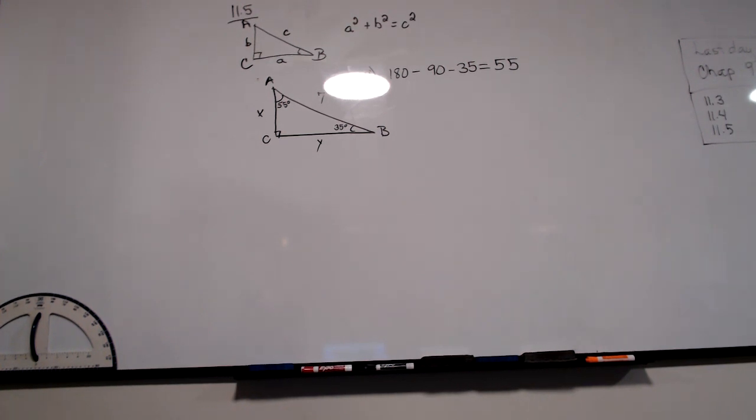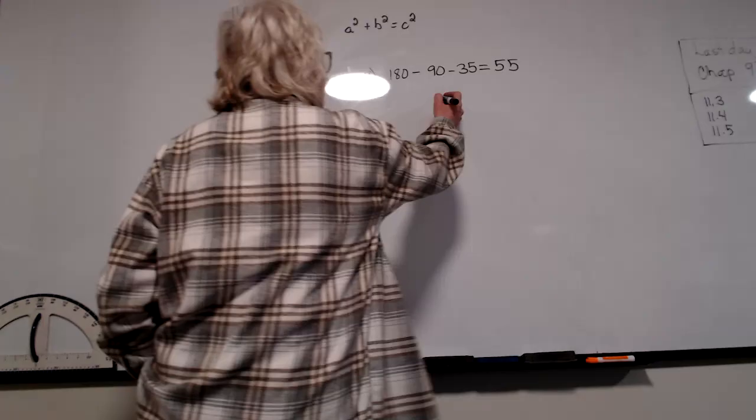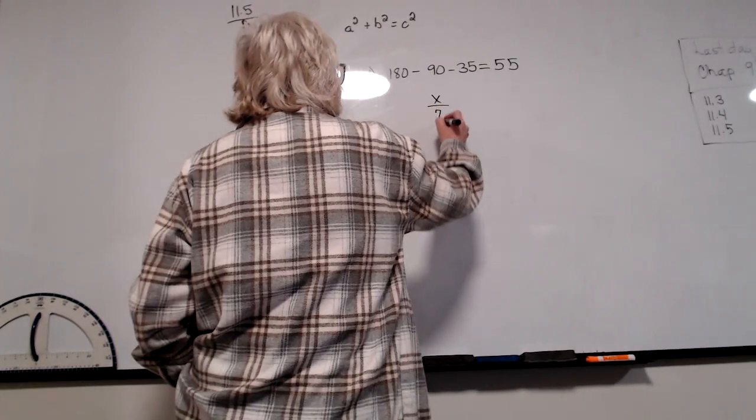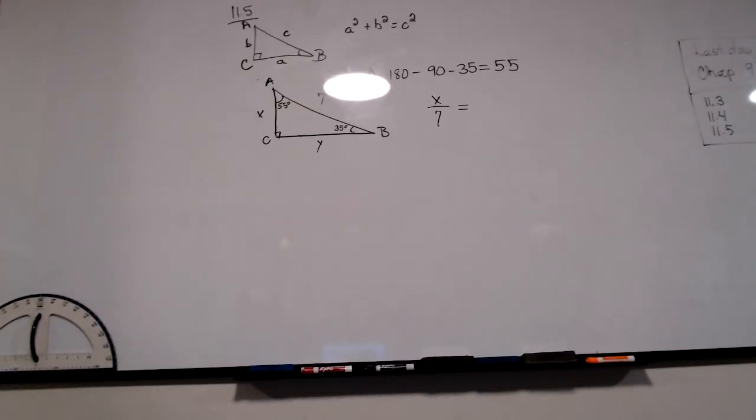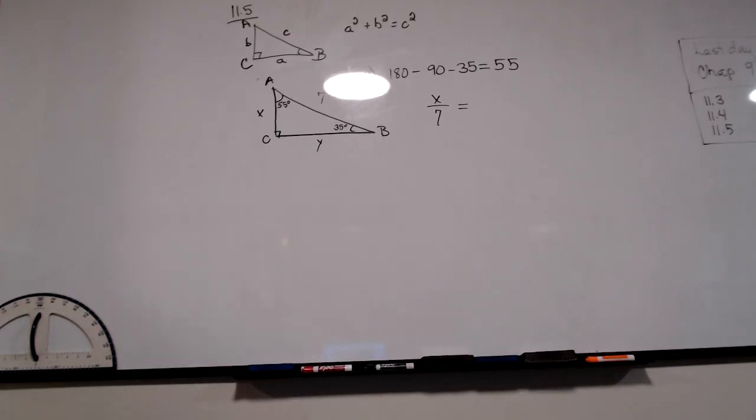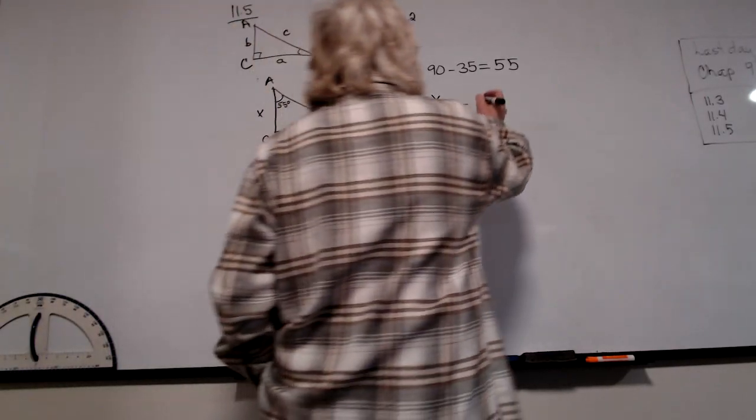So you could go opposite, X, over hypotenuse, 7. X over 7 is a ratio. What ratio is that? Is that the sine, the cosine, or tangent? That is the sine, okay? The sine of what angle?